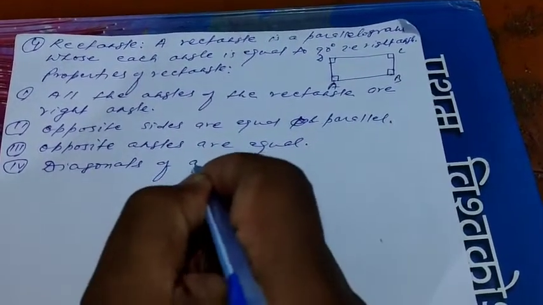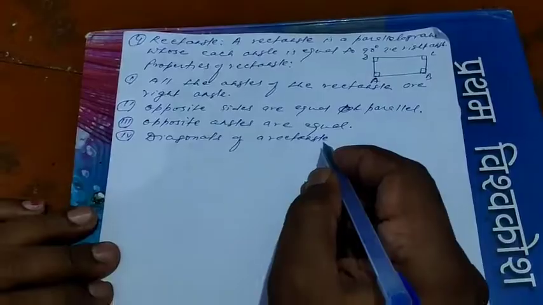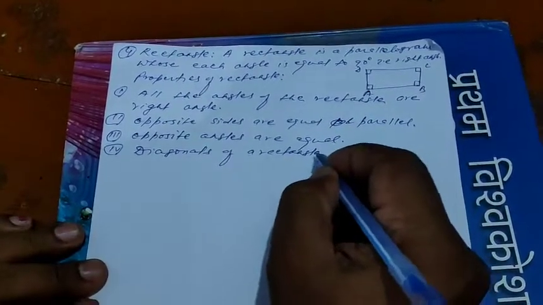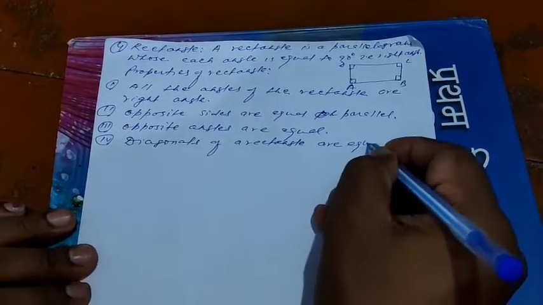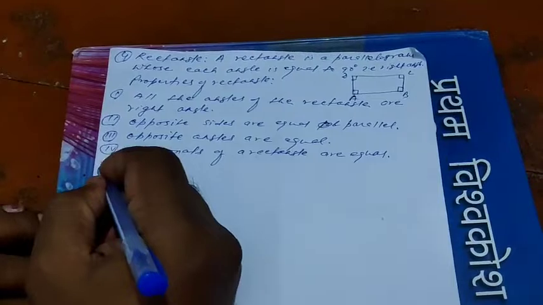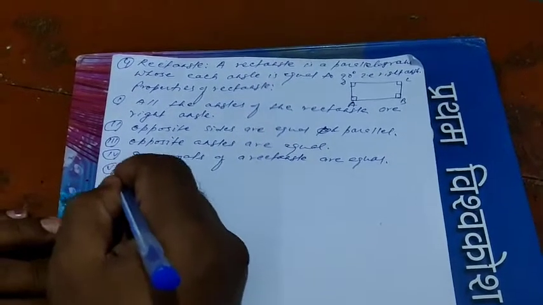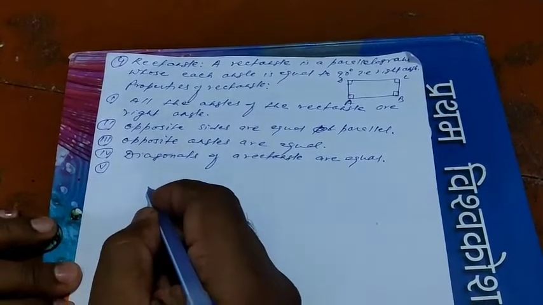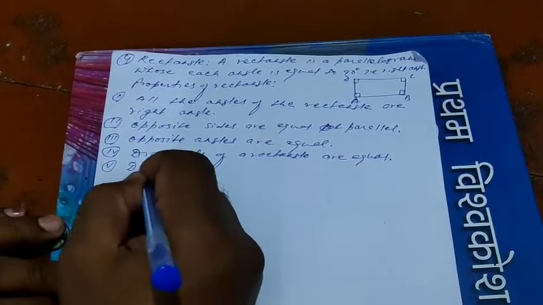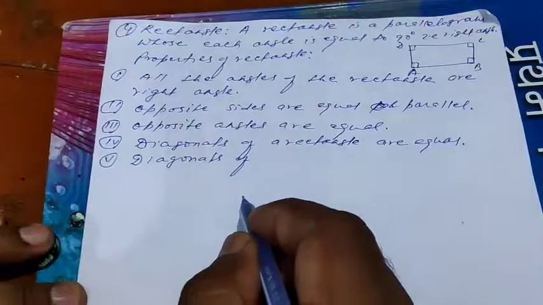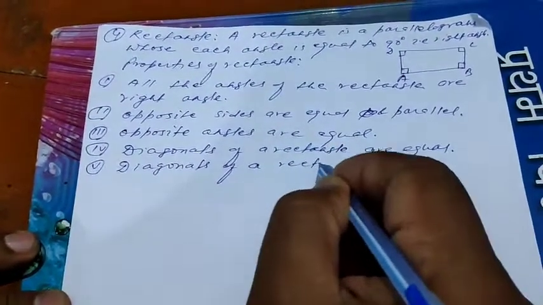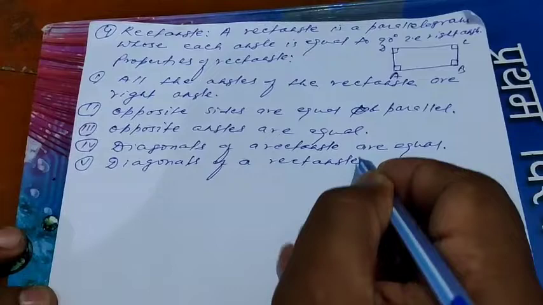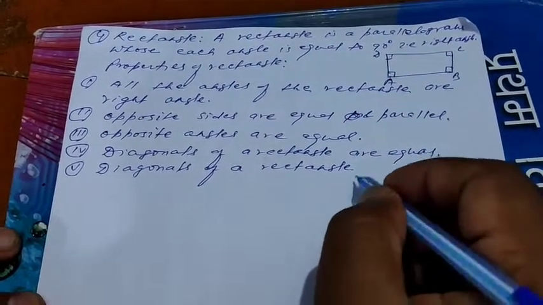Fifth, diagonals of a rectangle bisect each other.